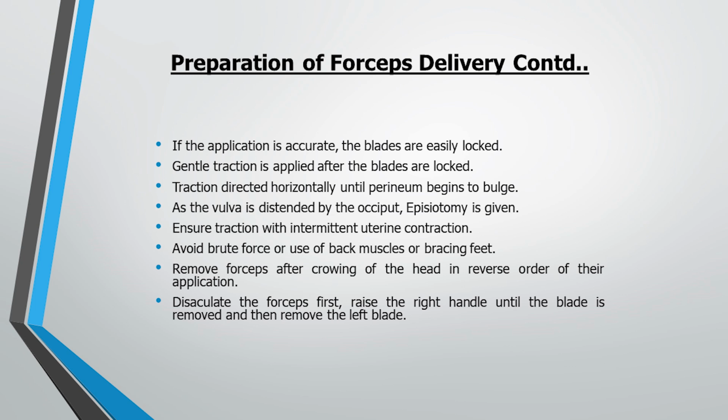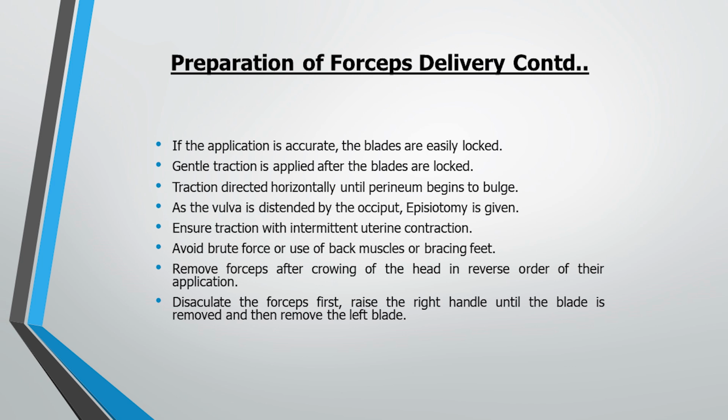And then once they lock, you apply your gentle traction to bring out the head of the baby. No force at all, no brute force, or the use of back muscles or bracing of feet to apply this traction. Just a gentle traction.